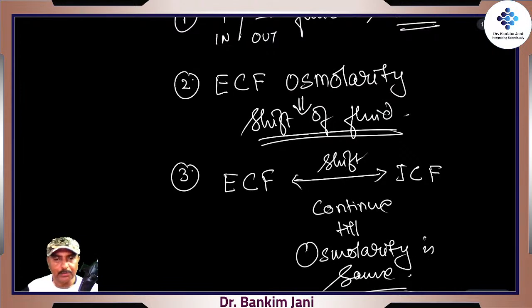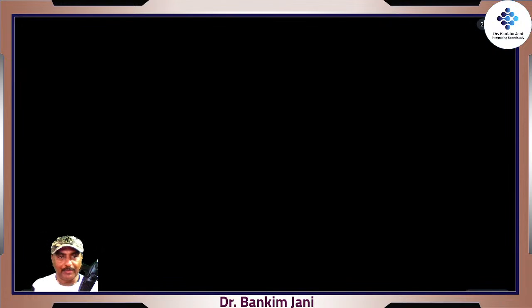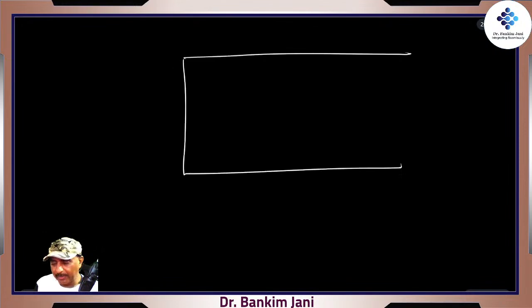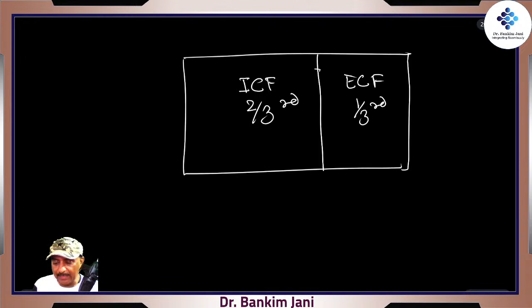So with this much, now we are ready to understand all the conditions. Every time we'll be using exactly the same figure. We'll draw it like this, because we know that ICF is about 2/3 and ECF is about 1/3. There is a semi-permeable membrane over here, where the fluid can go and come in.